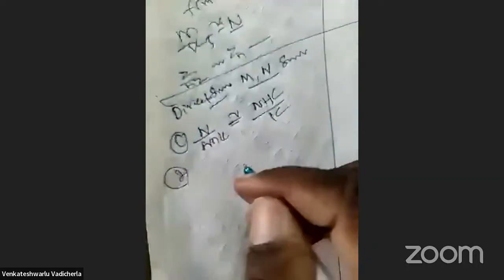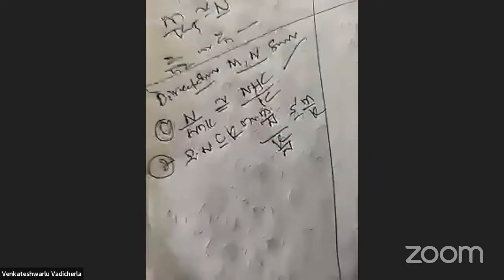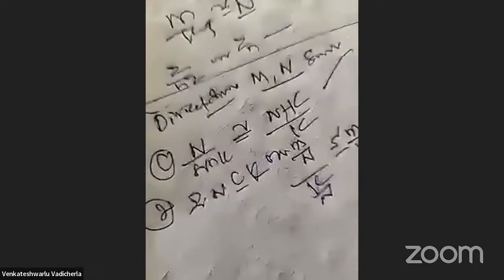The following hold. First, N by N intersection K is isomorphic to N plus K by K. Second, if N is a subset of K, then M by N by K by N is isomorphic to M by K. These are the second isomorphism theorem and the third isomorphism theorem.